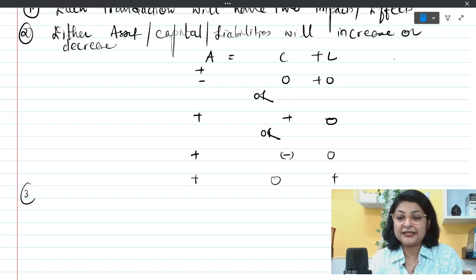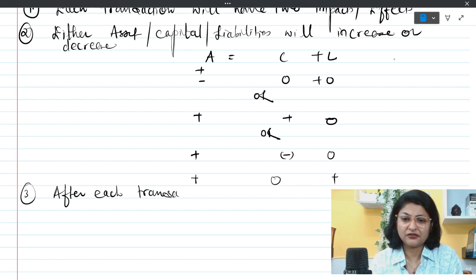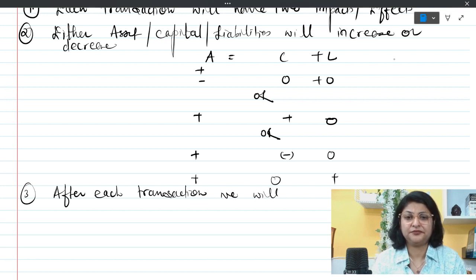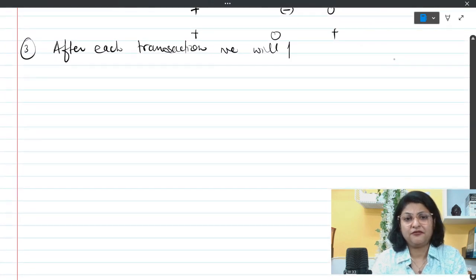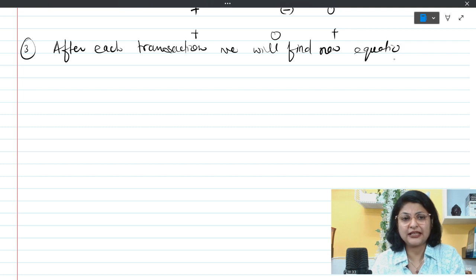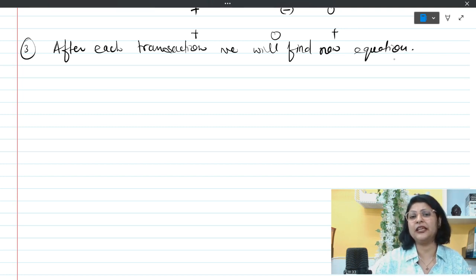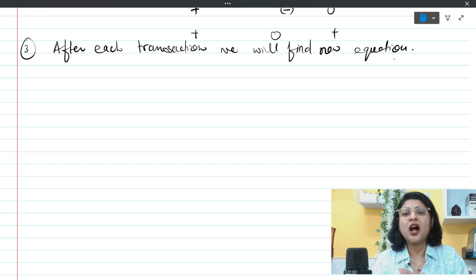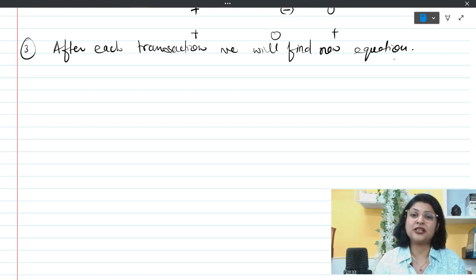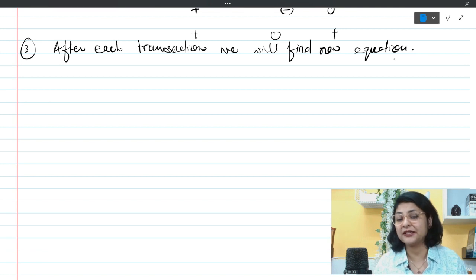Now the third point is that after each transaction, we will find the new equation. In the last class I had not done this practice because that was the very initial part, where I was telling you how to pass the entries for starting the business, for purchasing goods for cash and on credit, and for sales on credit and cash basis.